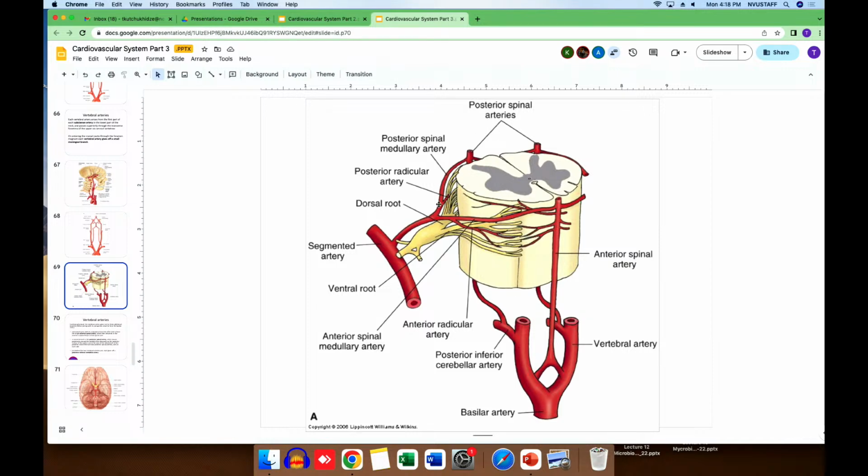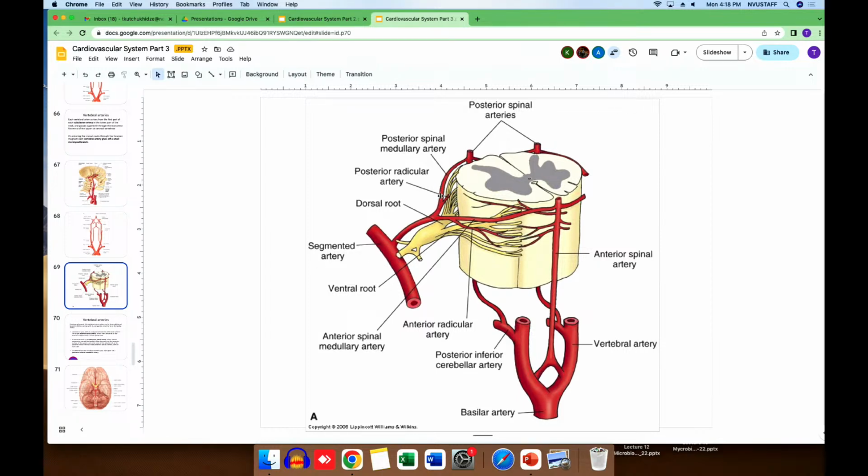So we also have the posterior spinal medullary artery, which is just going inside and creating a segmental artery. And we also have the anterior spinal medullary artery, which is creating exactly this segmental artery.